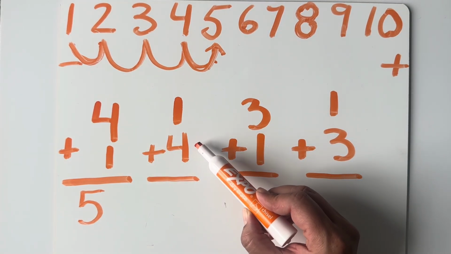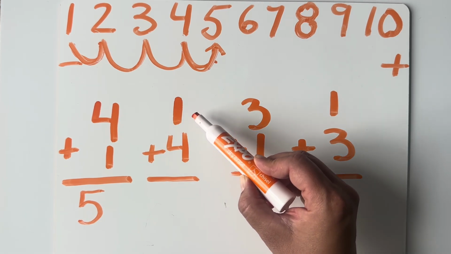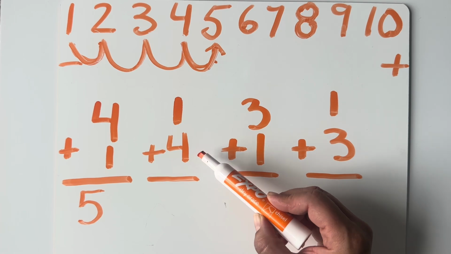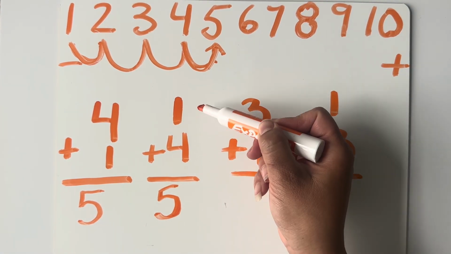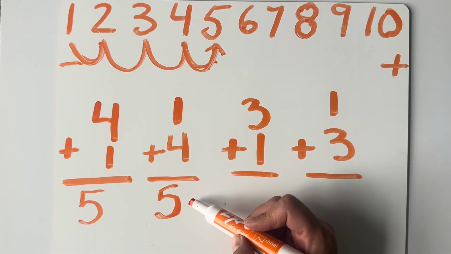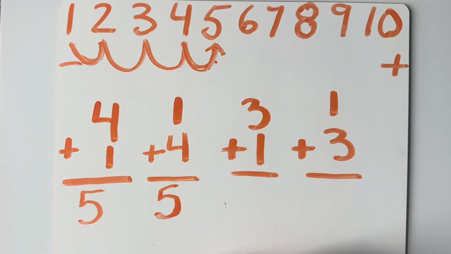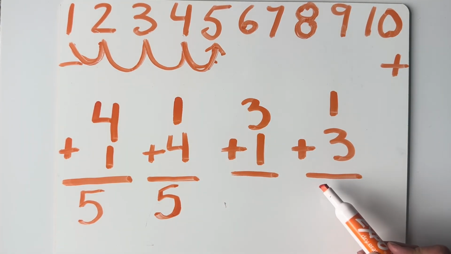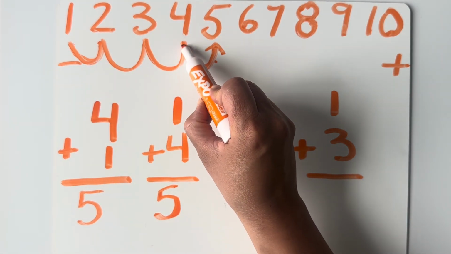Even when the math fact is written with the number 1 on the top, it still equals 5. The arrangement of the add fact doesn't make the answer different. So 4 plus 1 is 5, and 1 plus 4 equals 5. Now let's do the threes. If we're using the number line, what comes after 3, Brendan? 4.